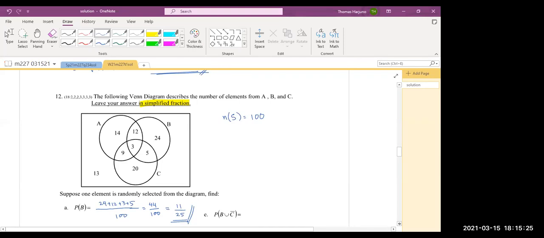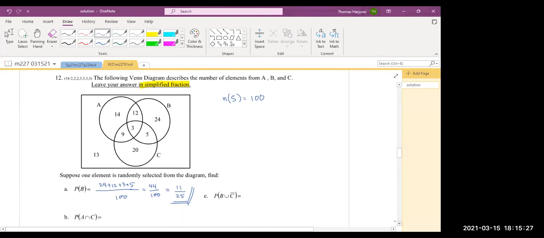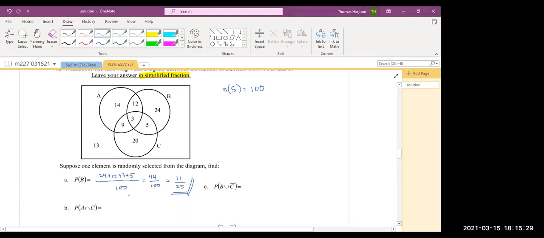And let's go on with part B, the intersection of A and C. Anybody can help me? Sorry, 9 and 3. 9 plus 3 will give us 12, right? 12 over 100, but we can reduce by 4.